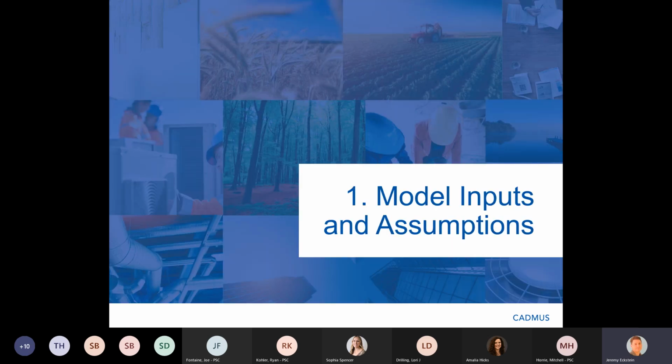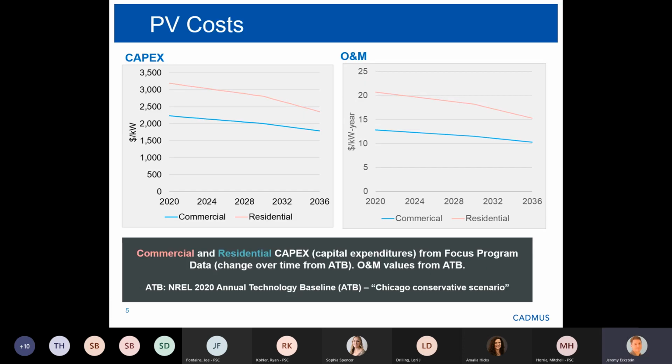Okay. So I'll jump right into the model inputs and assumptions. First, one of the important financial elements to the model are the costs of the actual installations. For the costs, we're looking at both the upfront capital expense, and then the ongoing operations and maintenance costs.